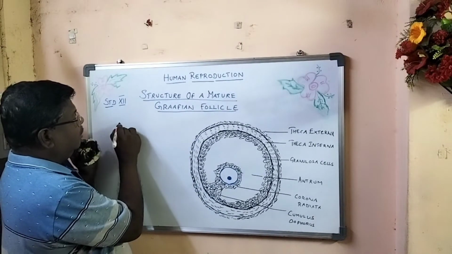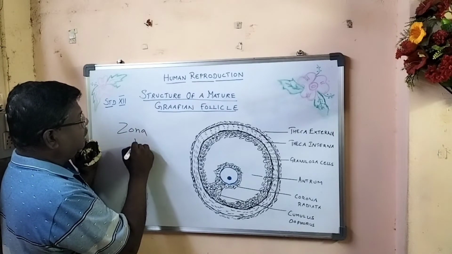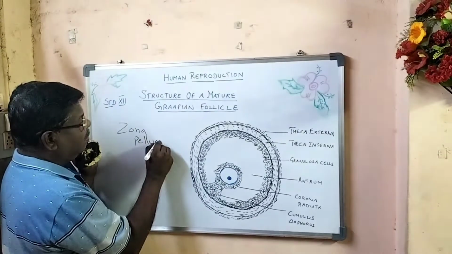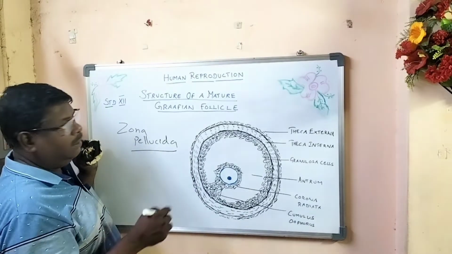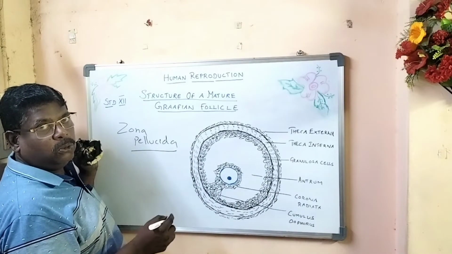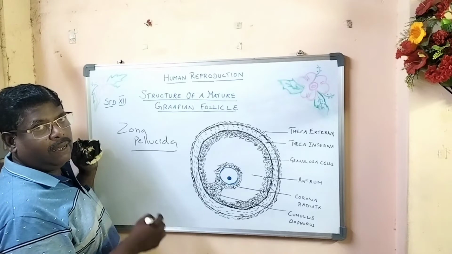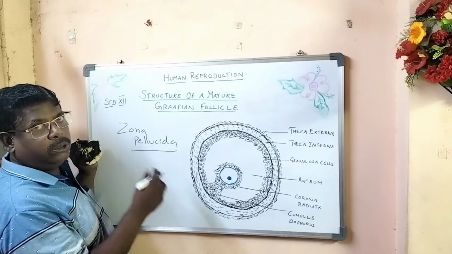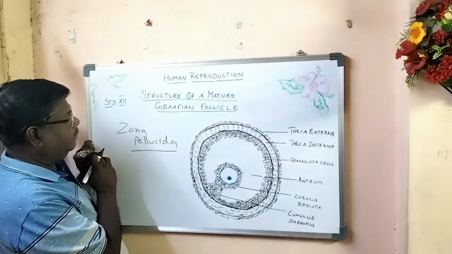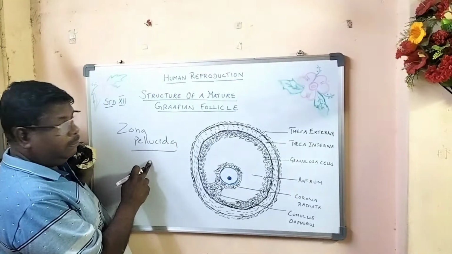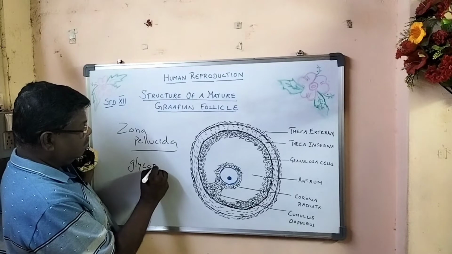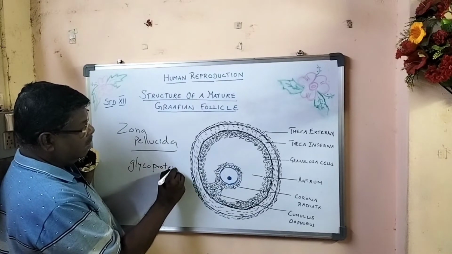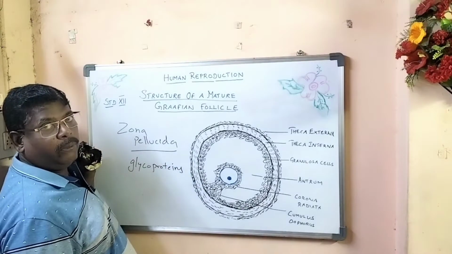Then zona pellucida. Again, it is a membrane, a coat that covers the oocyte. It consists of glycoproteins.